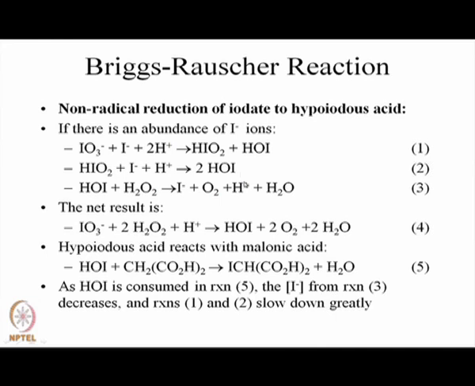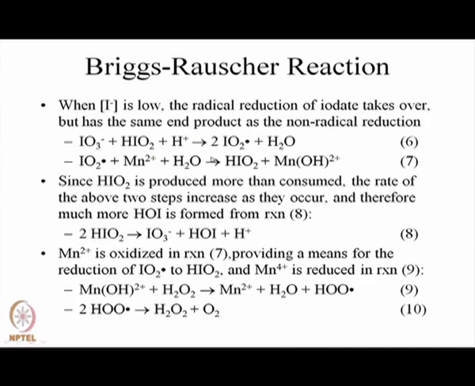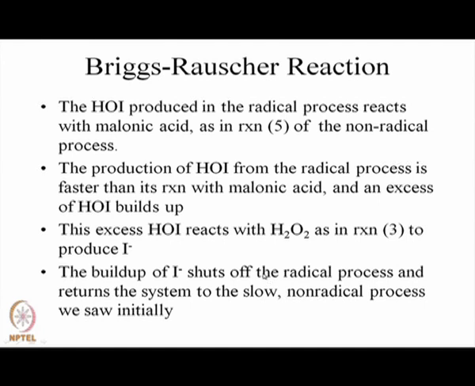When I- is less, then the radical steps are predominating. As a result, at one time low I- gives the radical process, high I- gives the non-radical process. So the system changes from one mechanism to another, depending on the concentration of I-.